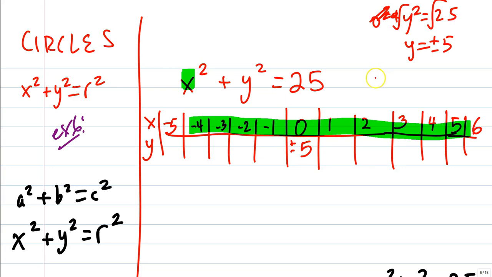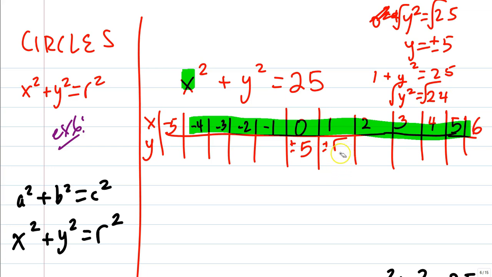If I plug in a 1, 1 squared plus y squared equals 25, gives me y squared is equal to 24. 1 squared is 1, right? So when I go to square root that, the square root of 24, plus or minus the square root of 24.